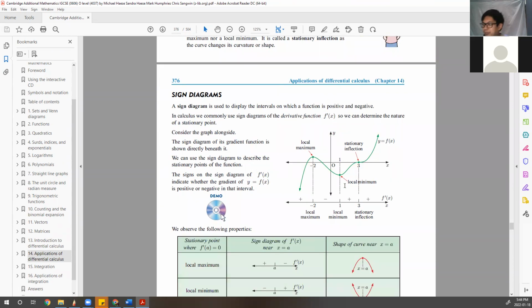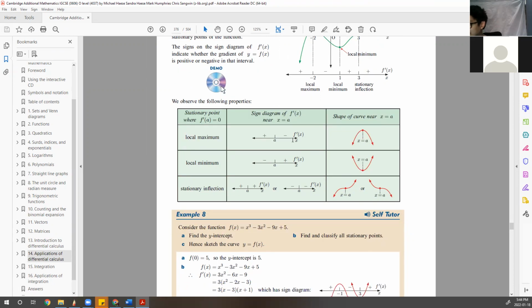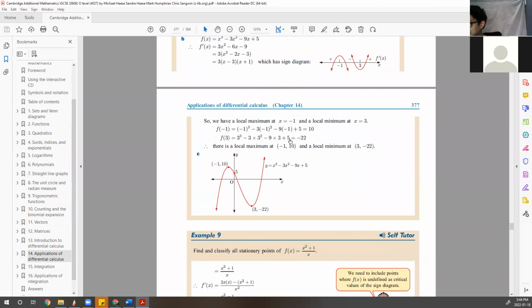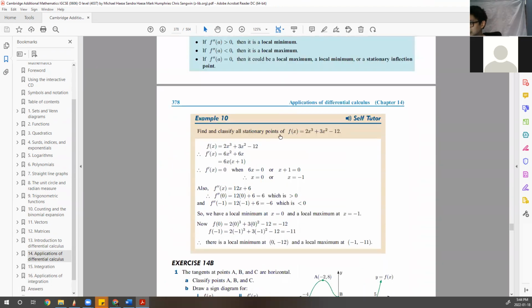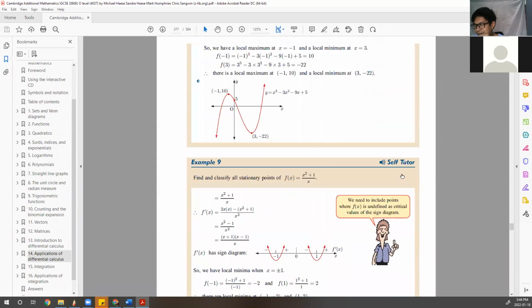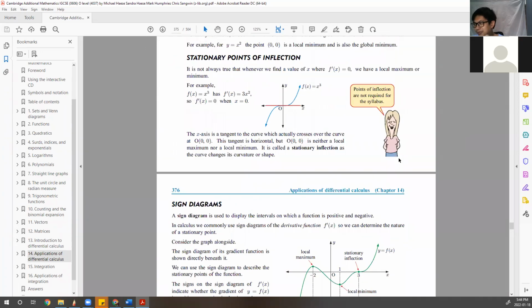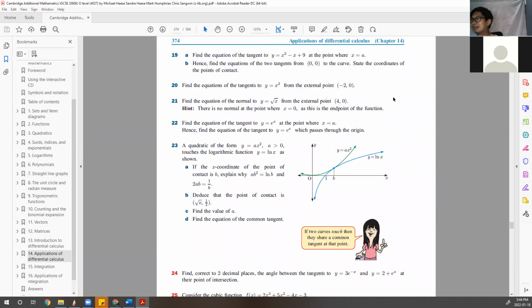Wait, I think I need to give you this. Exercise. I don't think we need this. So we have to go back to the first part, the A, because this has to be mastered.